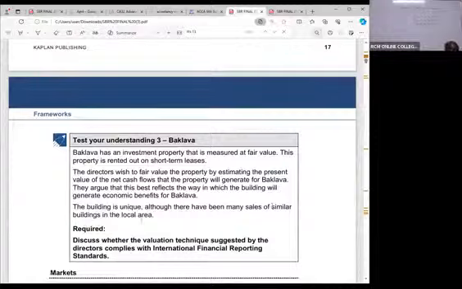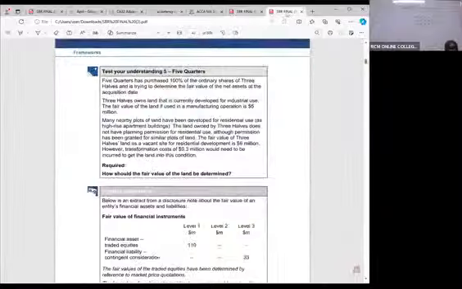So these guys should have used level 2 inputs, similarity. Level 3 is where basically you've got nothing similar to this, a very unique asset where we've got nothing close by that has been sold in the near past. So in terms of IFRS reporting, these guys are pretty wrong. They should have used, in this case here, level 2, and you can come and see the answer here.